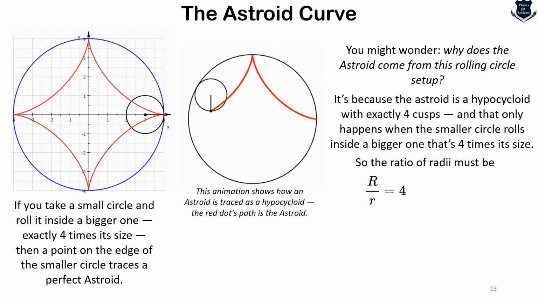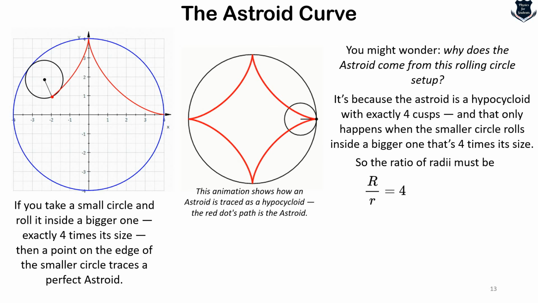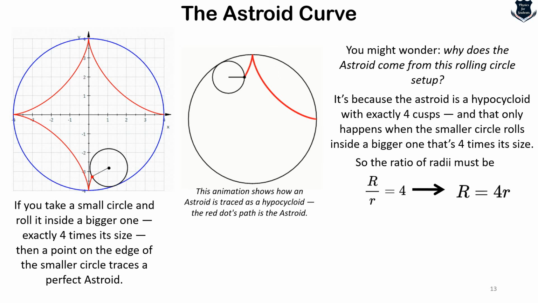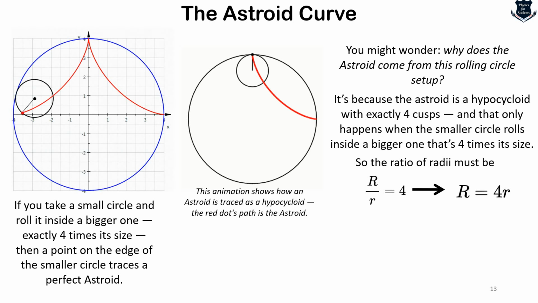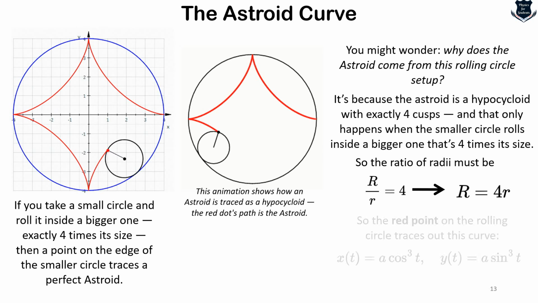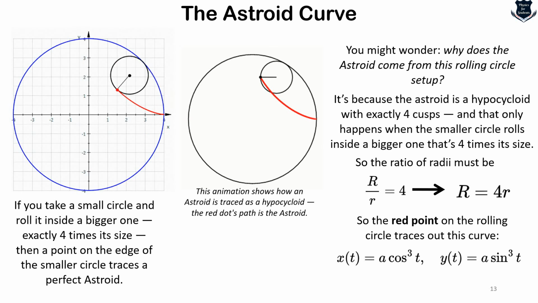If the ratio is 1:4, the curve traces four cusps. Each cusp forms when the point on the rolling circle touches the larger circle at specific intervals. The resulting shape is closed and symmetric, and it has exactly 4 sharp corners.